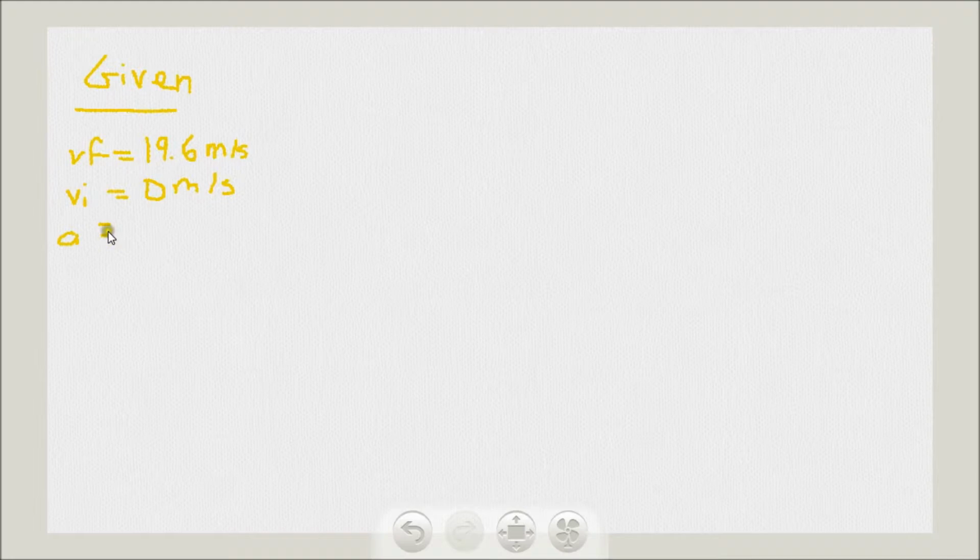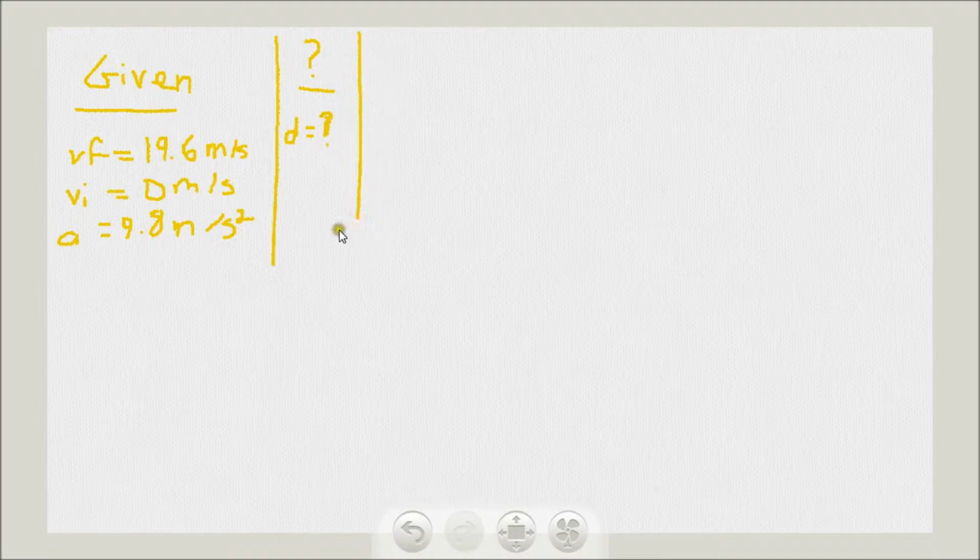Acceleration is equal to 9.8 meters per second squared. Okay, now that we have our given variables, we are going to put what we want to know. It's the distance, like in the last answer.